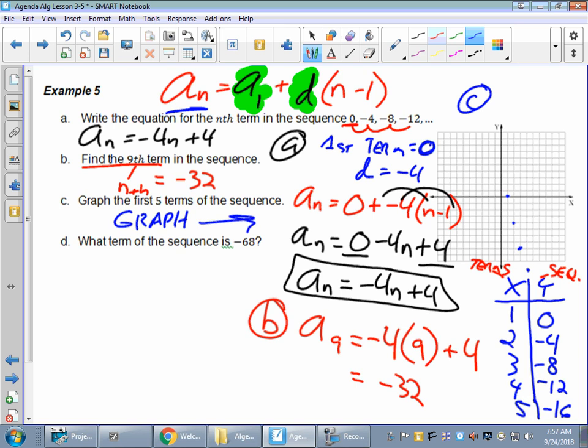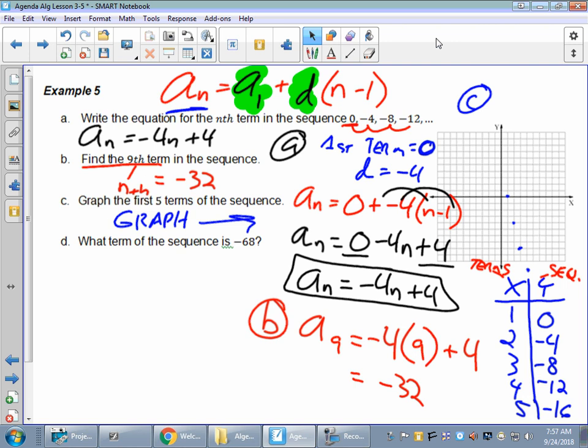And now we're left with part D here. What term of the sequence is -68? In this one, what we're going to try to do is plug in the whole term.